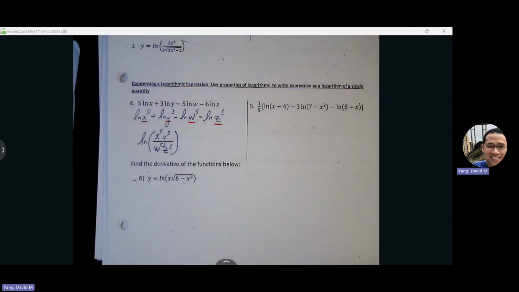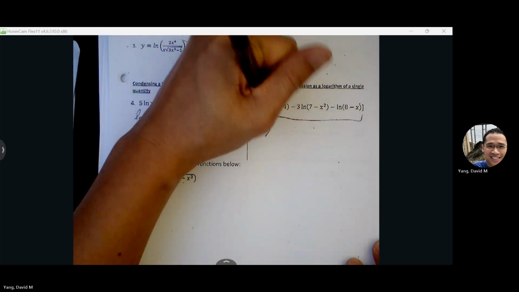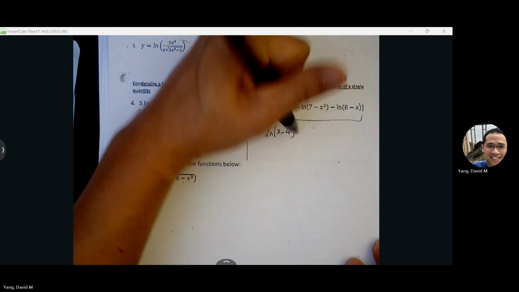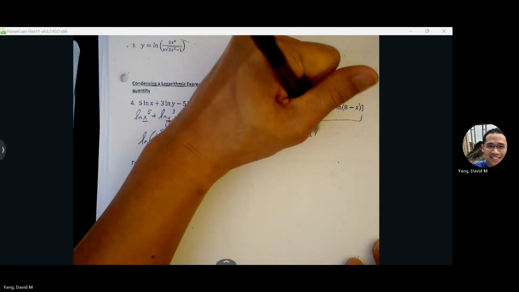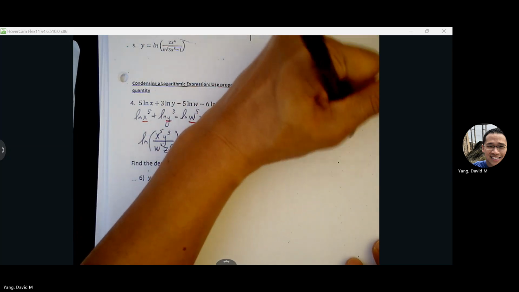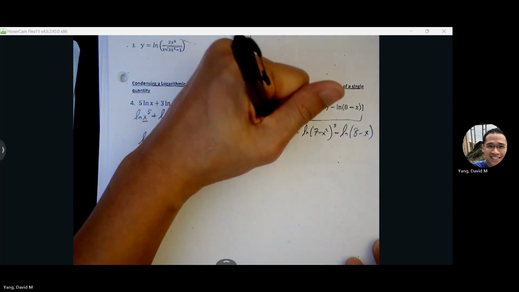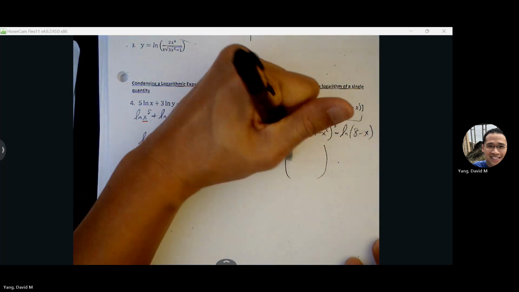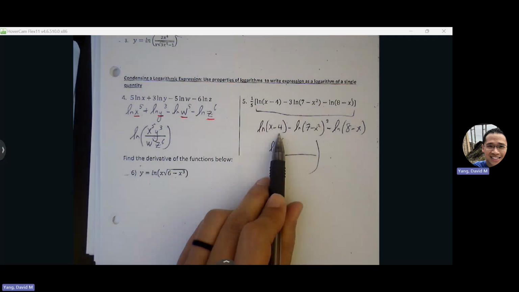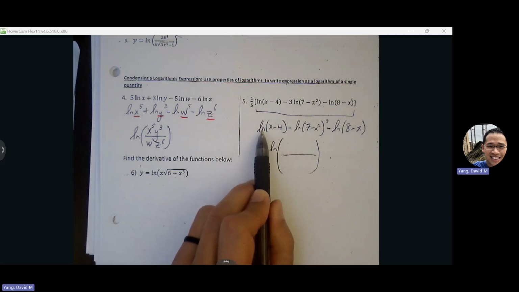Okay, number 5. Let's deal with this first. So the x minus 4 will go in the numerator since it's part of a positive natural log.